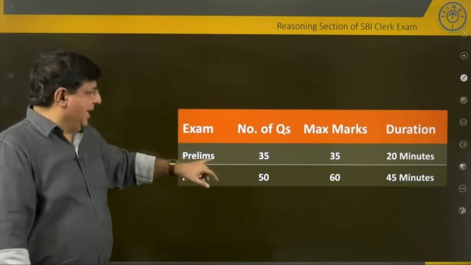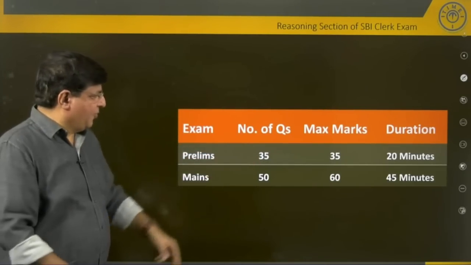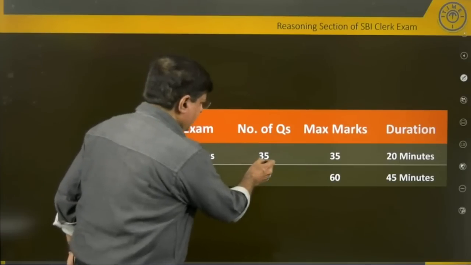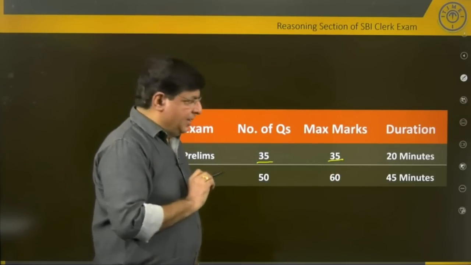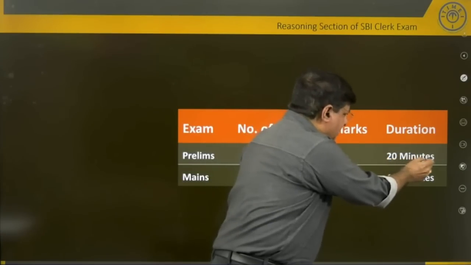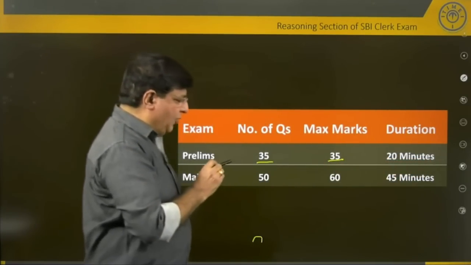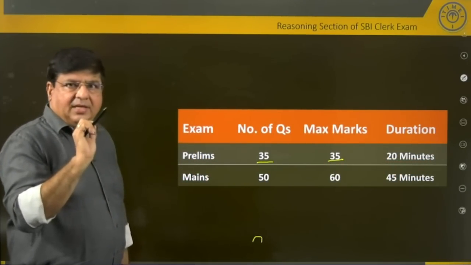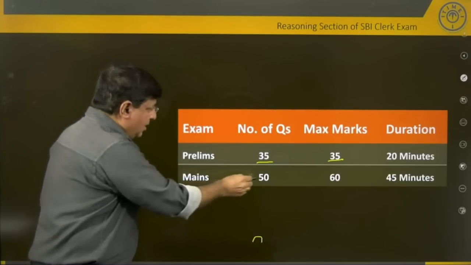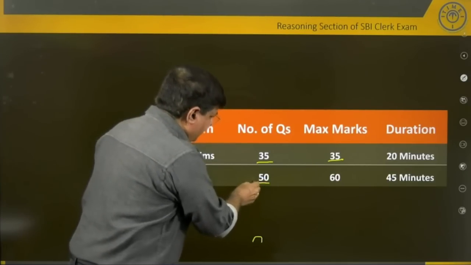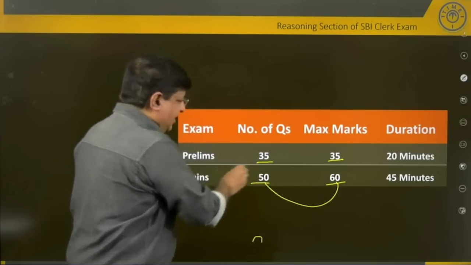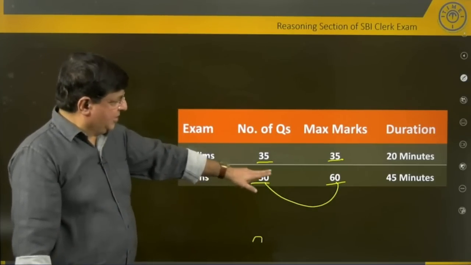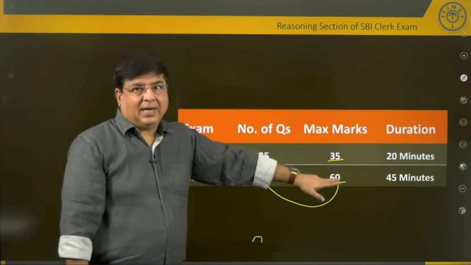In the prelims exam, the reasoning section has 35 questions, maximum marks is 50, and the duration of the section is 20 minutes. If you look at the mains exam of SBI Clerk, the number of questions is 50 and maximum marks 60. You can see there is a difference here: 50 questions but 60 marks.